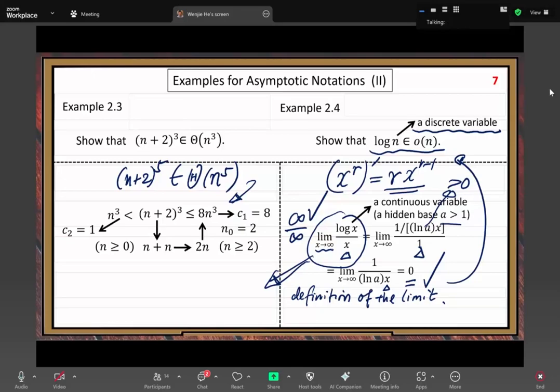But which specific way do we use? That's my question, because there are millions of different ways for x to approach infinity. So let me give you some examples.